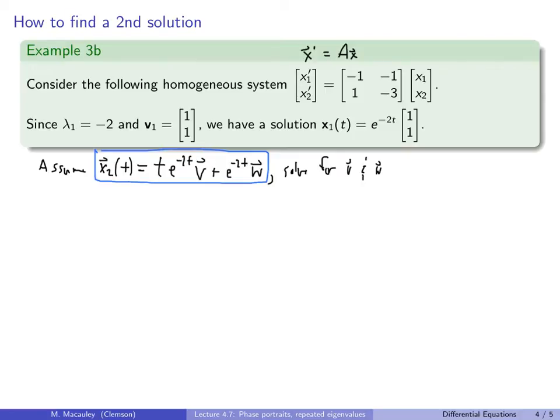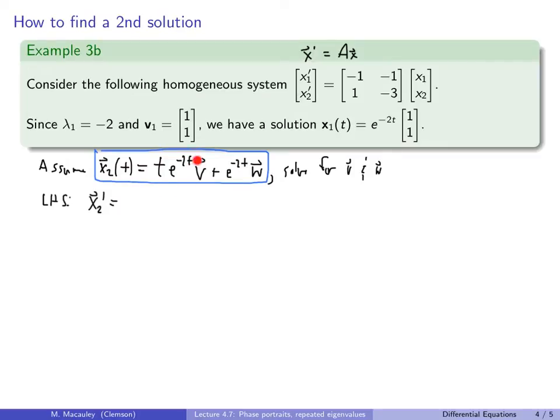So the left-hand side is going to be x2 prime, and now we have to take the derivative of this. Now this is just a constant vector. Think of it like 1, 2, or 2, 3. There are no t's in here. This is what we have to take the derivative of, this product, and then of this.